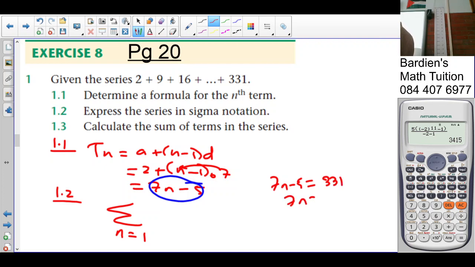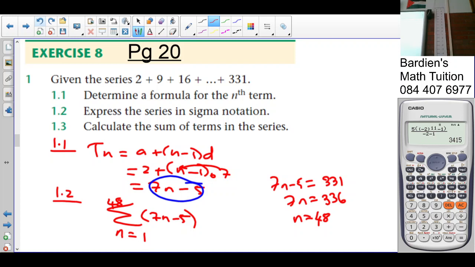So it's going to be 7n equals 336, divided by 7. 336 divided by 7 is 48. So there are 48 terms in the sequence. The general term is going to be 7n minus 5.